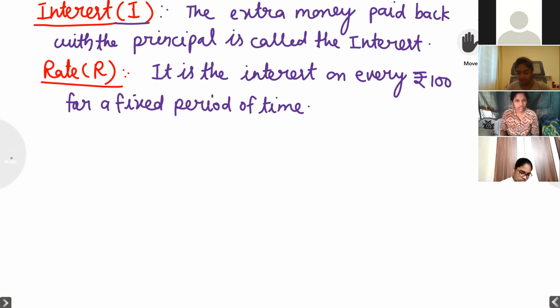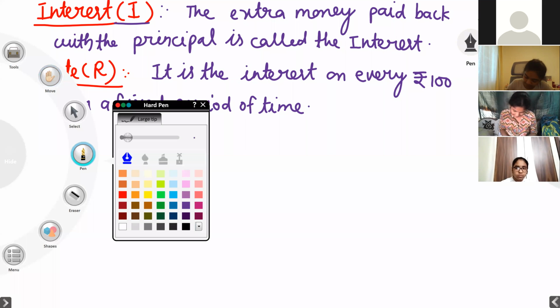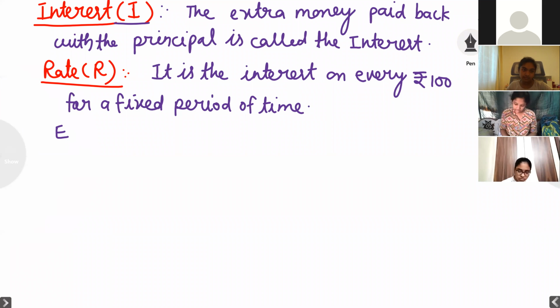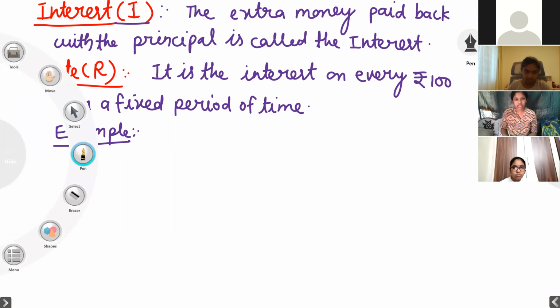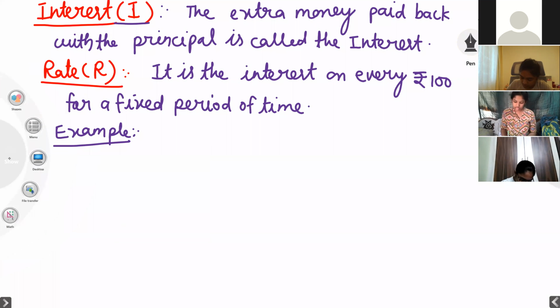Note down one example. Rate of 12% per year.